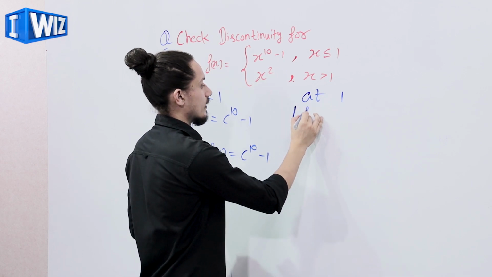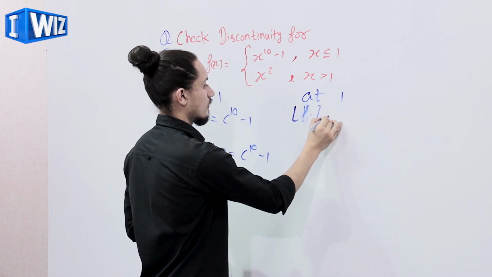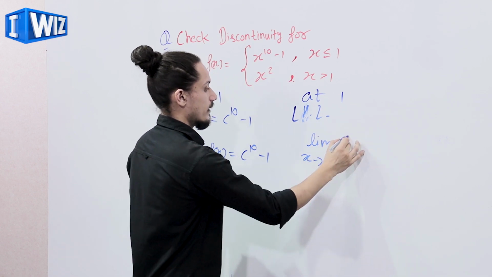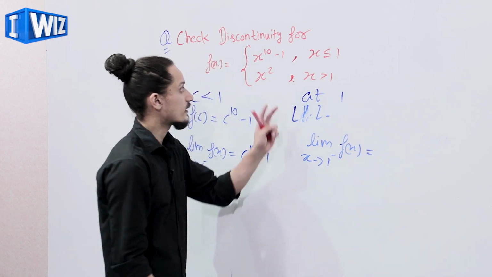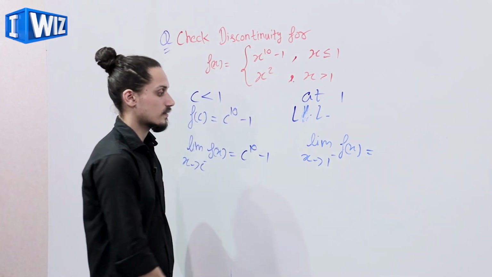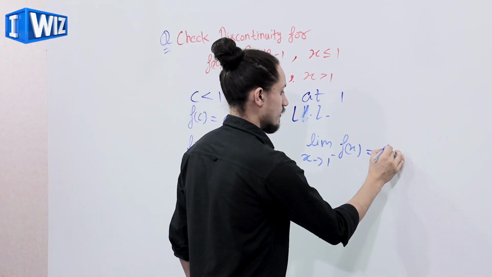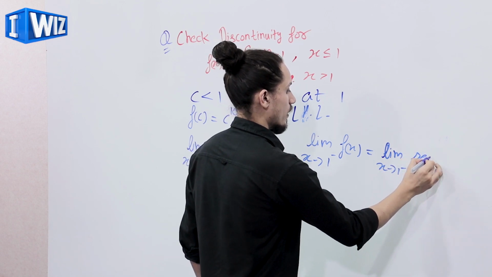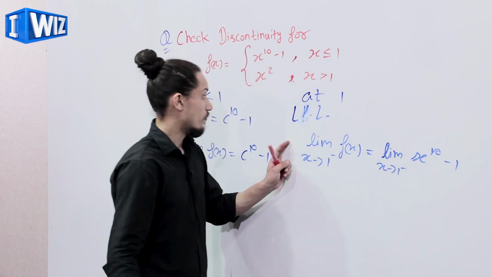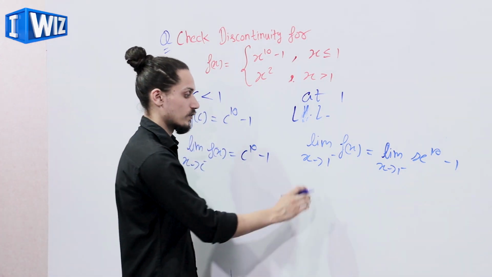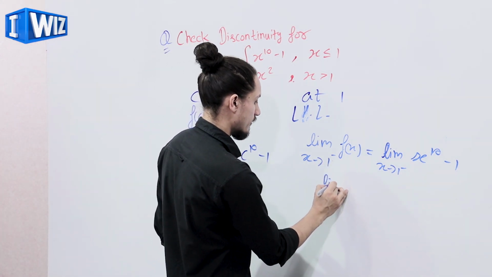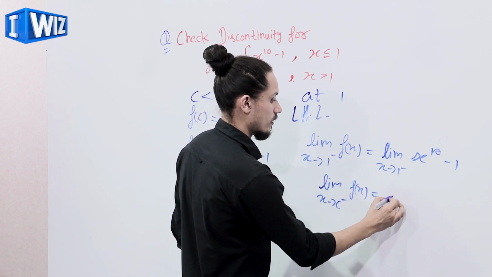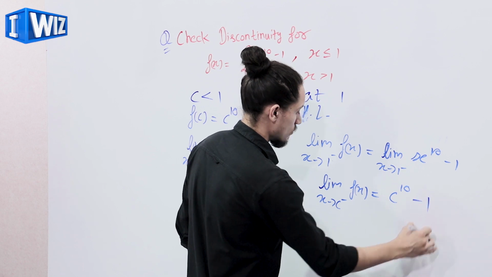At left hand, limit x approaches 1 negative, f of x will be x raised to power 10 minus 1. But we are using c as a constant, so limit x approaches c negative, f of x will become c raised to power 10 minus 1.